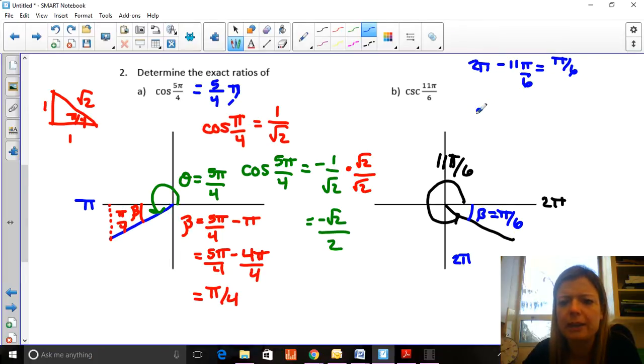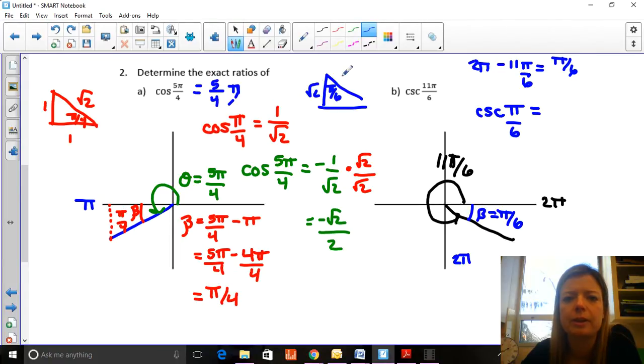Okay, so again, cosecant of pi over 6, that's from this triangle, so I'd just like to draw it. So pi over 6 is up in this corner, and this is root 3, 3, 2, and 1. Cosecant is the inverse of sine.